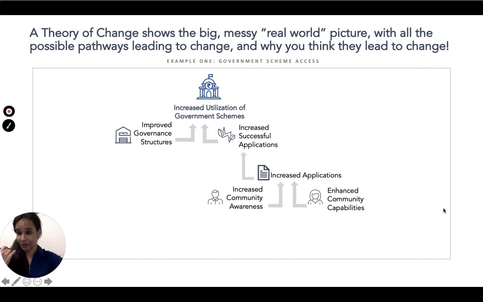Now, for applications to be successful, you need to have more people applying for these schemes. So you need to have more people applying for increased applications.